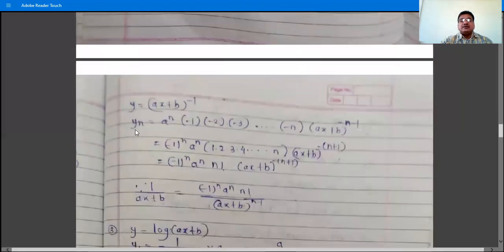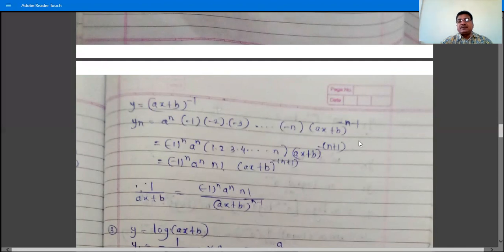So we have this. If you write minus 1 as minus 1 into plus 1, minus 2 as minus 1 into 2, minus 3 as minus 1 into 3, and so on up to minus 1 into n, then minus 1 n times becomes (minus 1) raised to n, and 1 into 2 into 3 into n is n factorial.